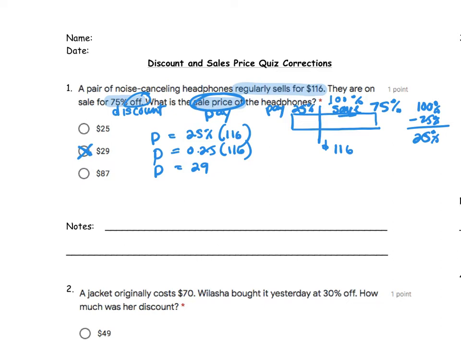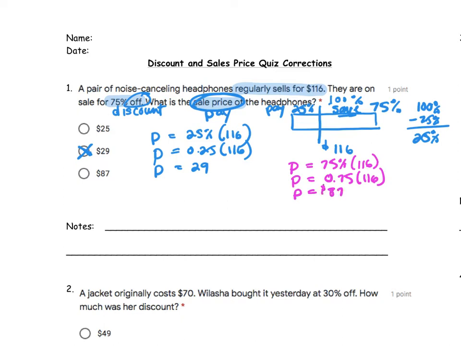Now, you could have used this equation. You could have found 75% of $116. And again, we would move the decimal 2 places or divide by 100. And that would be P, or the part, equals $87.